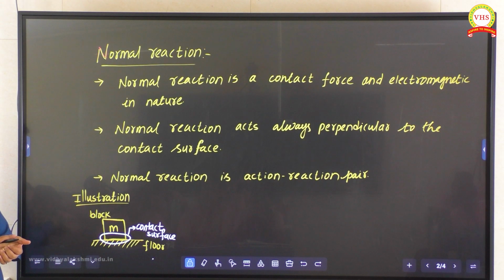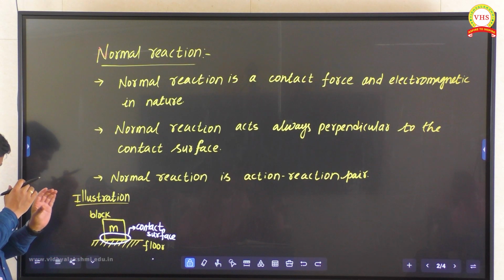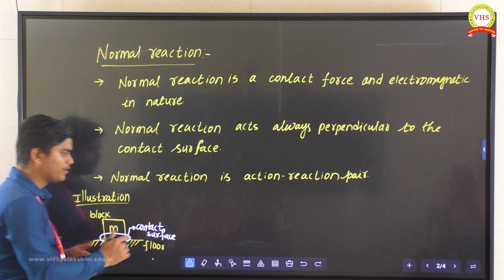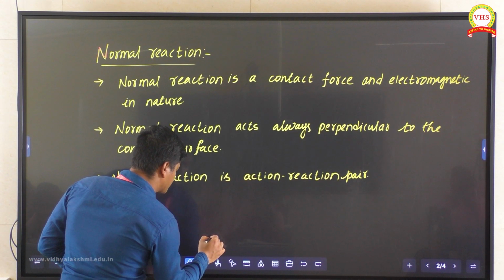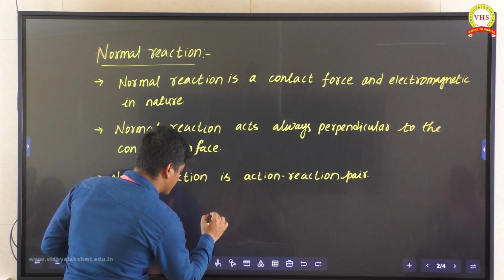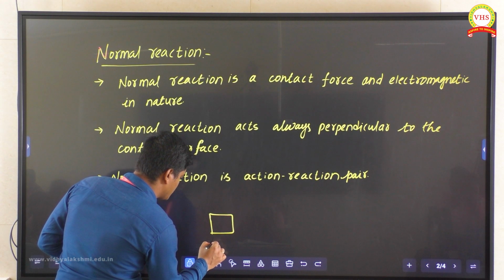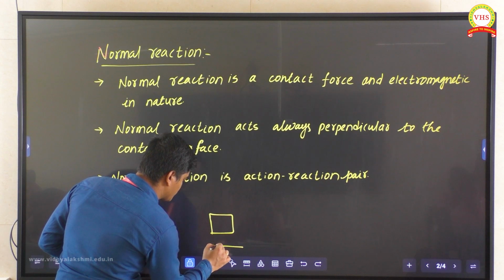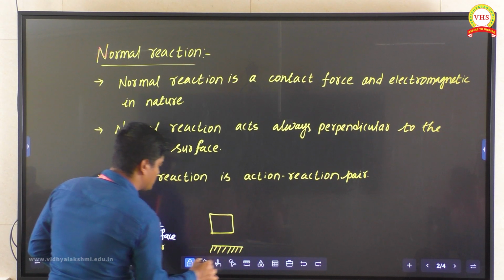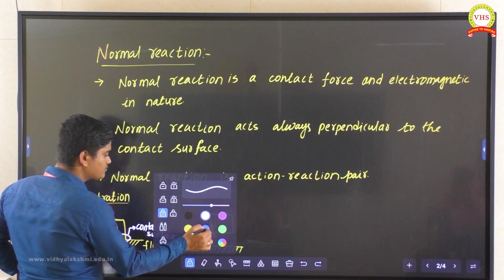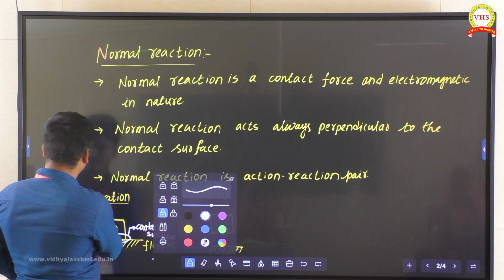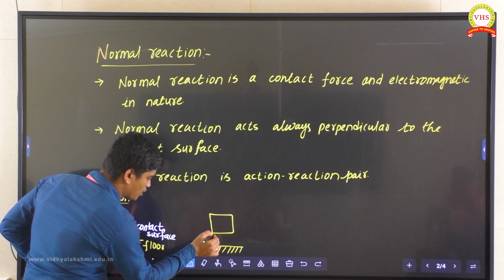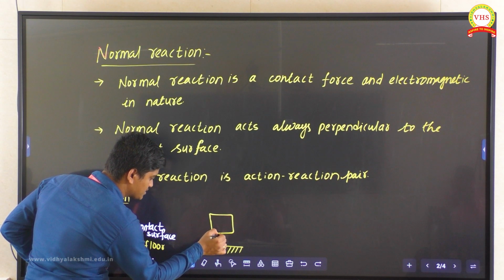Now let's understand how normal reaction acts on that contact surface. Let me separate the mass and the floor. Here normal reaction is acting like this.